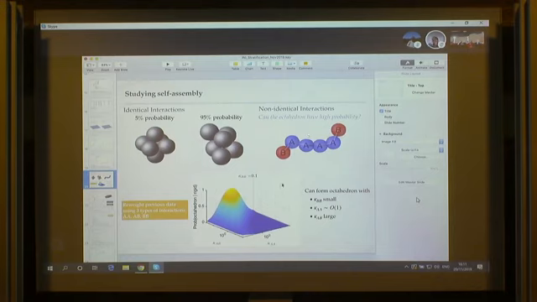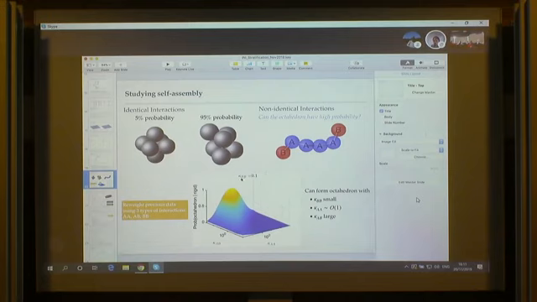From our one sampling run with identical sticky parameter, identical strength of the interaction, we can take that data, reweight it, use non-identical interactions, and estimate the probability of forming the octahedron for different choices of interaction parameters. And that's the plot that I'm showing here.